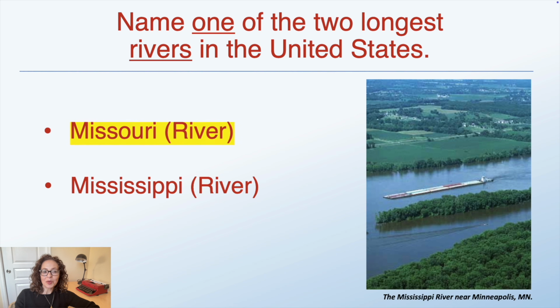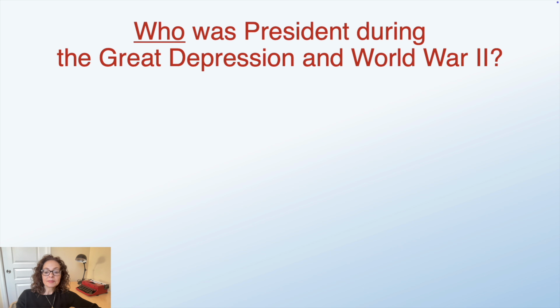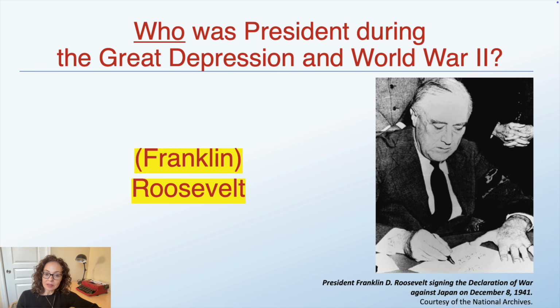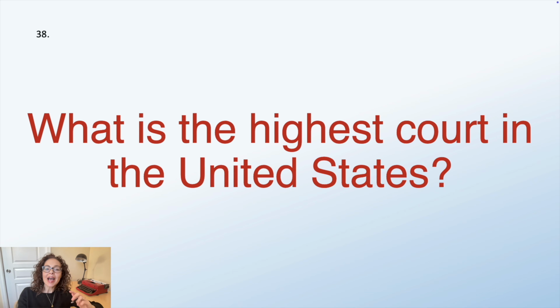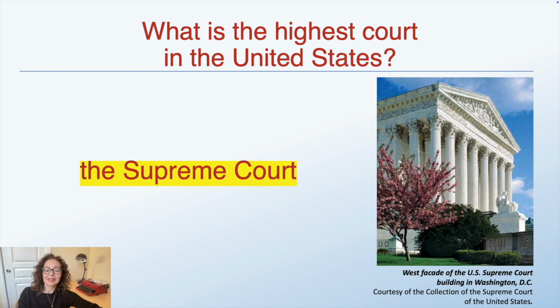Name one of the 2 longest rivers in the United States. Okay, just either one of these, the Missouri River or the Mississippi River. Who was president during the Great Depression and World War II? That was Franklin Roosevelt. What is the highest court in the United States? The Supreme Court.